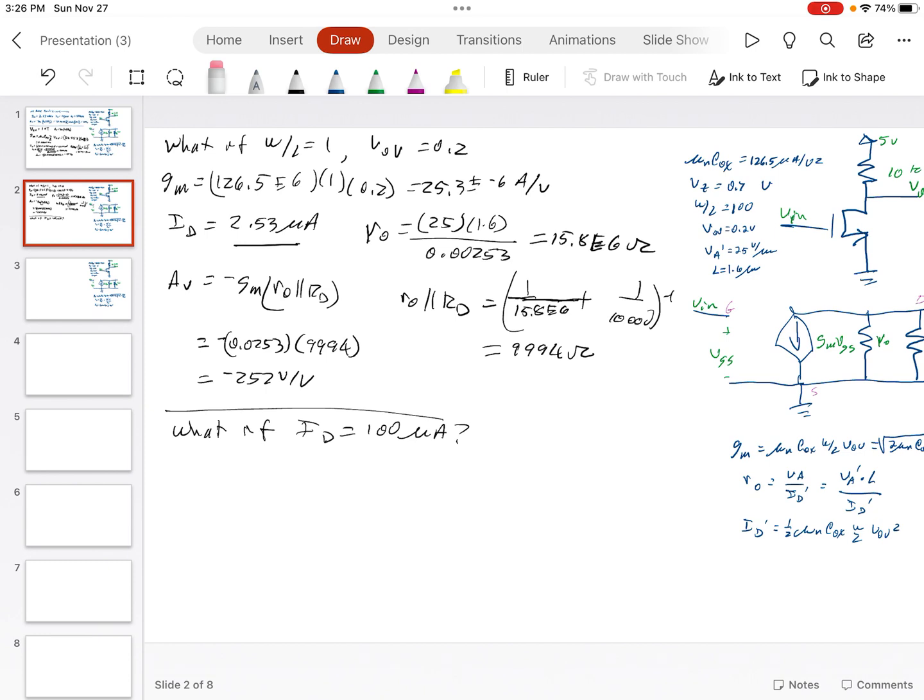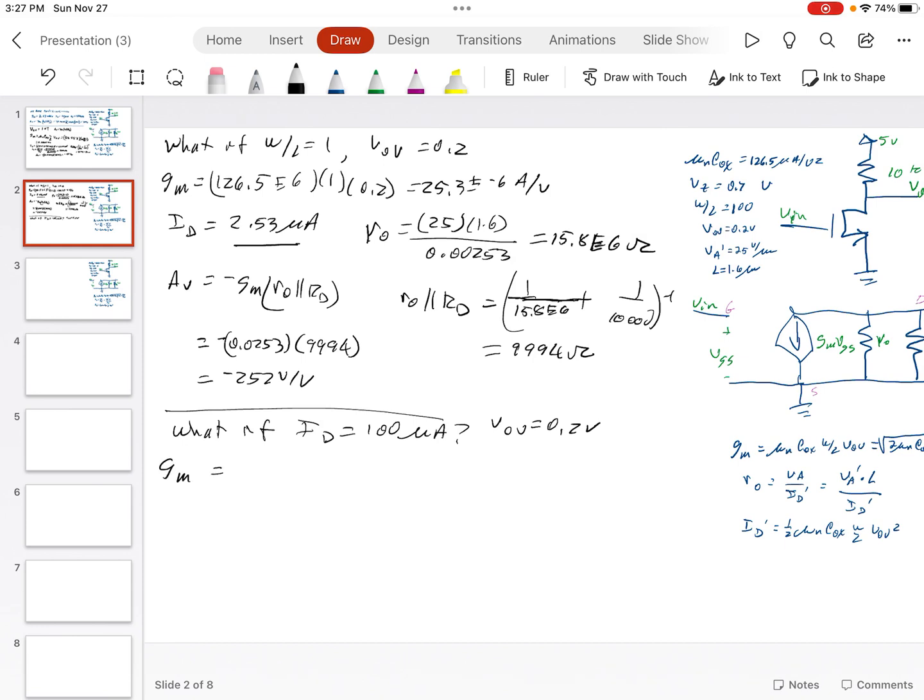So we've got a V overdrive of 0.2 still. In the same UnCox and same VT, same RD, what is the gain?